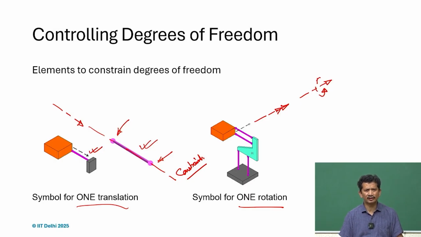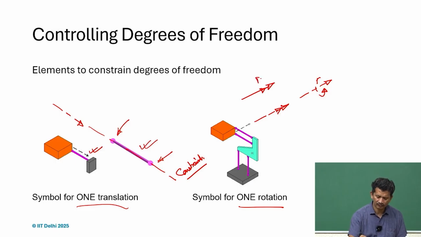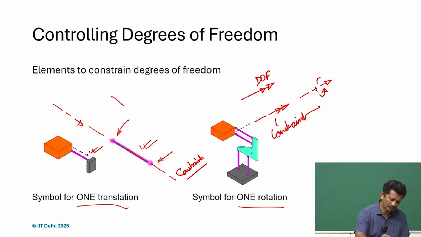If it's dashed, it's a constraint. If it's a solid line, then it's a degree of freedom. Likewise here also, if it's a solid line, it's a DOF. So that's about the notation.